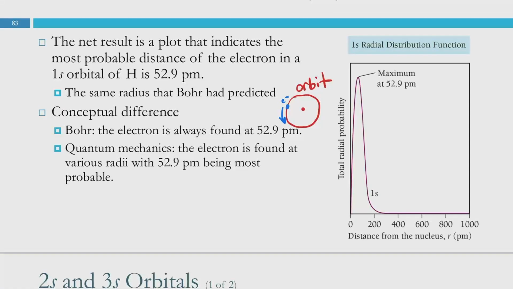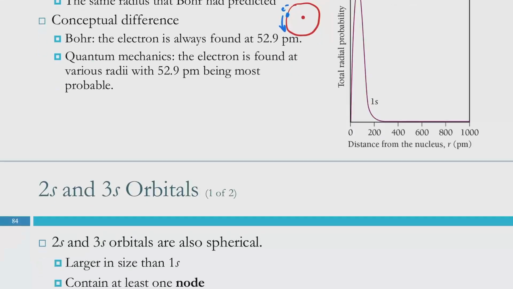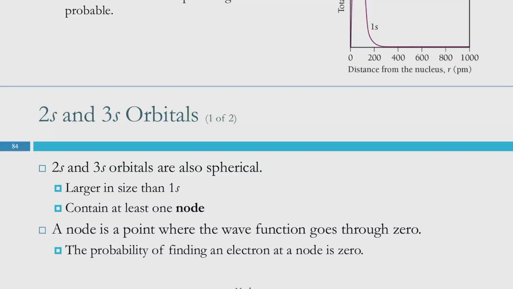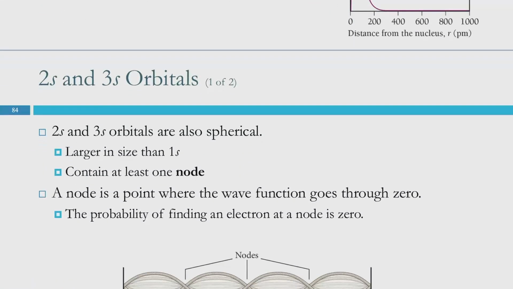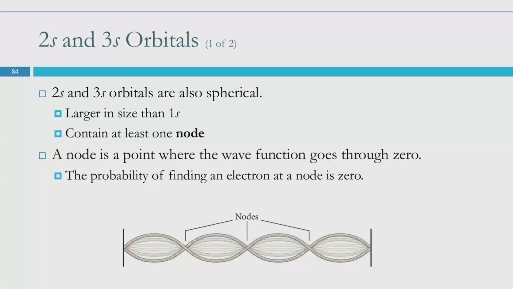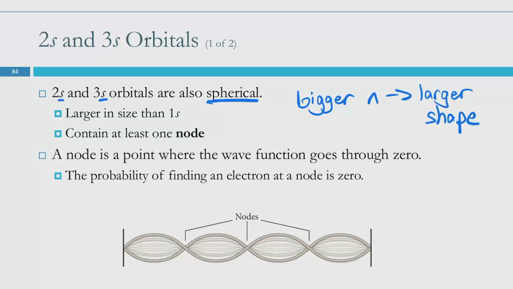And this is just for our 1s orbital. We also have 2s and 3s orbitals. 2s and 3s, because they're also s, are also spherical, but they're bigger because our n number has gone up. So bigger n means a larger shape.